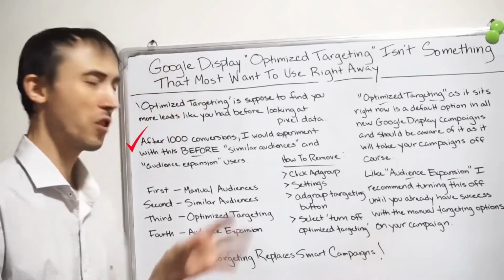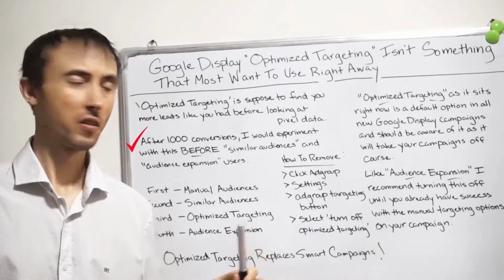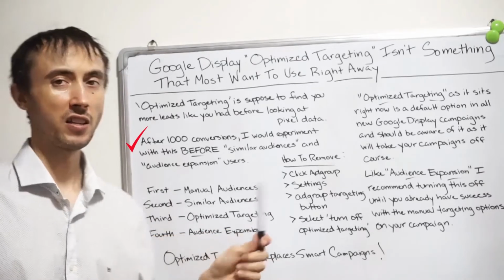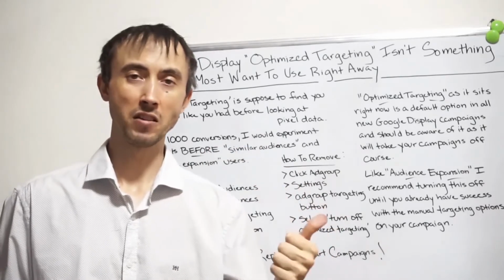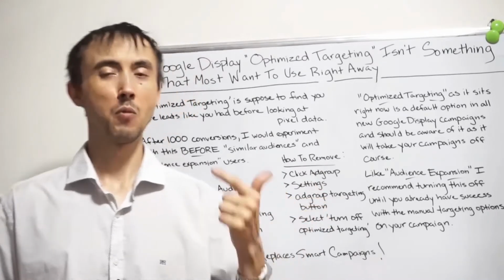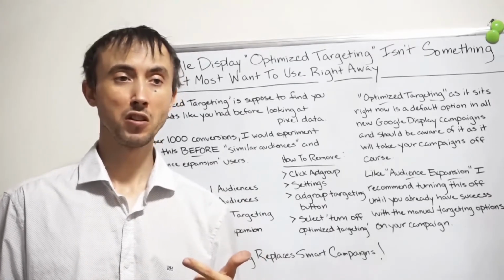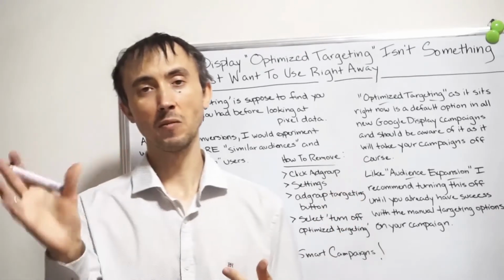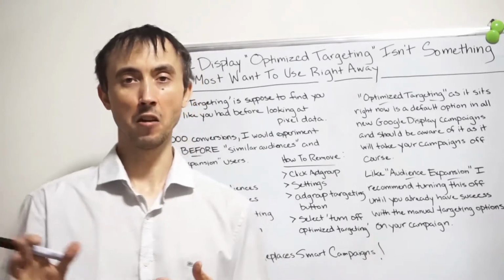So you should think of it like this. If you're starting out with Google Display and you haven't got it to work, the first thing you're going to do, like I said before, is go after manual audiences that you set up. The most profitable: you set up a custom intent audience targeting your brand terms. Second most profitable: a custom intent audience targeting your competitors' terms. And when you target your competitor terms, a lot of times to get that to work, you're going to have to break it up so that you have different ad groups for each competitor, so that you can say a specific thing to a person that's been on competitor A's website versus competitor B's.